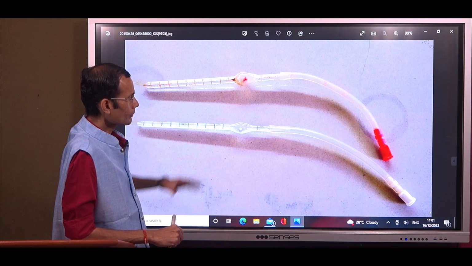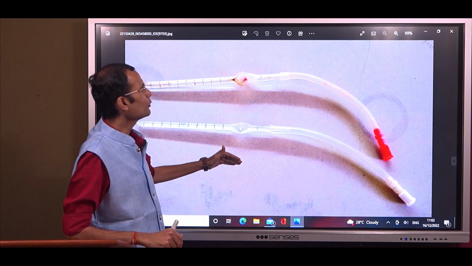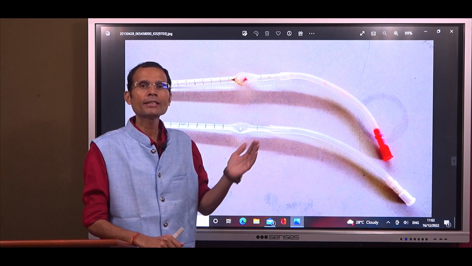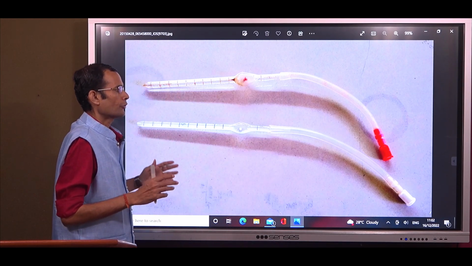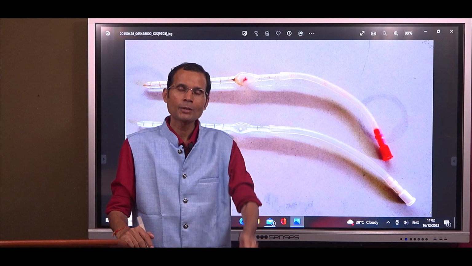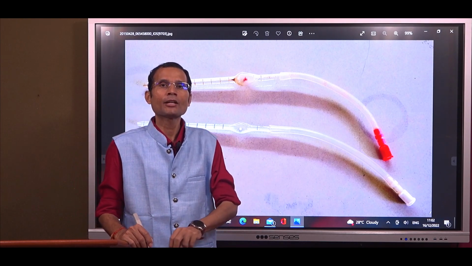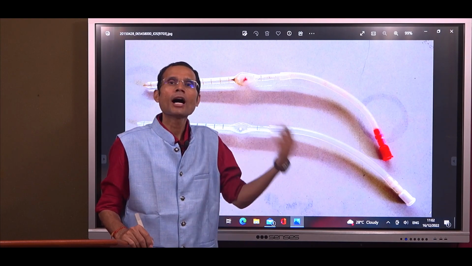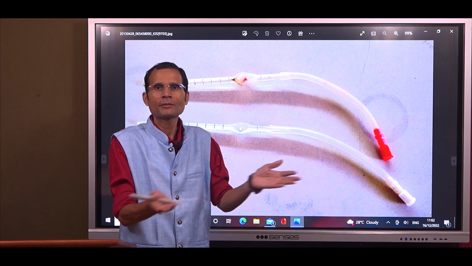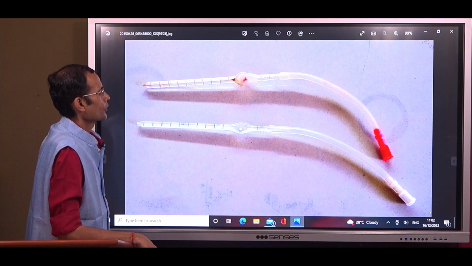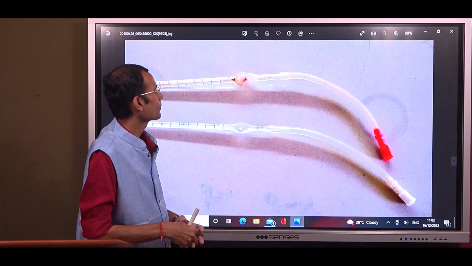However, we use these pipettes for 20 times dilution or 200 times dilution in the case of WBC count or RBC count respectively. All right. So that was another point to be highlighted. Why do we need lesser dilution for WBC count and greater dilution for RBC count? That's only because of their respective numbers. Right. Now, these are the pipettes which are used.